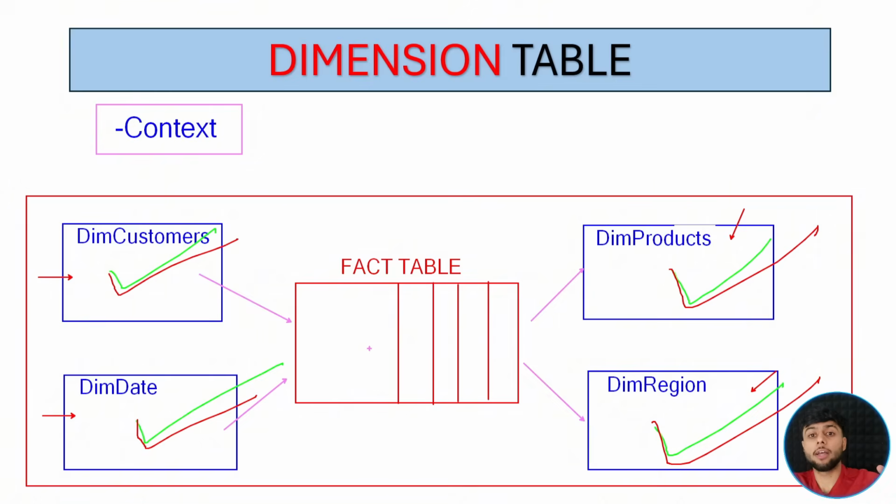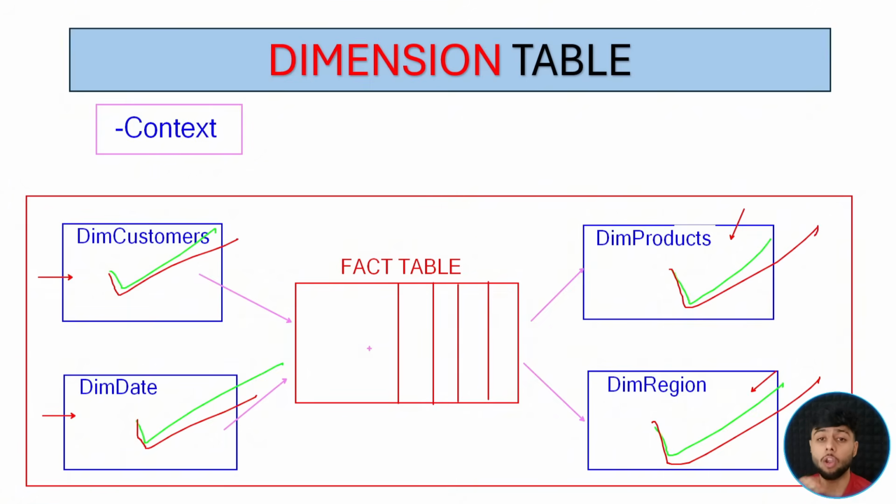I hope that now you have a clear understanding about fact tables and dimension tables, and obviously some more things will come your way when we are actually building our dimensions and fact tables.